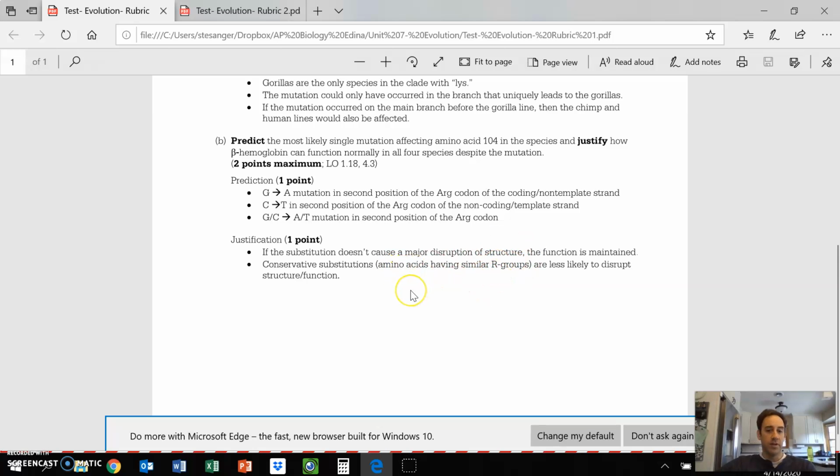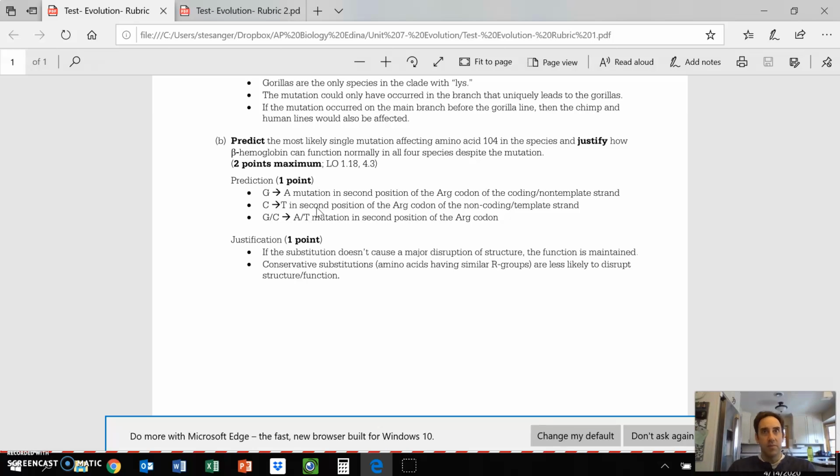So maybe a polar amino acid is replaced with a slightly different polar amino acid. So that means the protein still folds just fine. It isn't a problem. Or maybe this particular change is not part of the active site for that protein, and so then it doesn't really affect its function all that much. So that's why a single mutation can happen without causing a big effect.